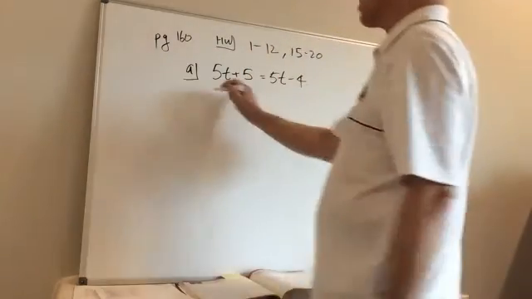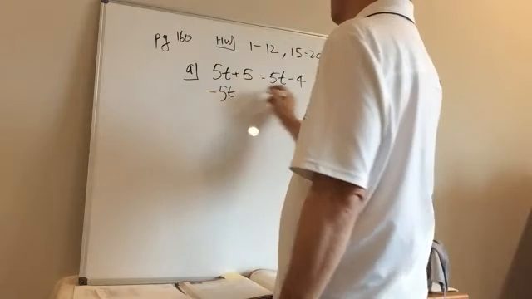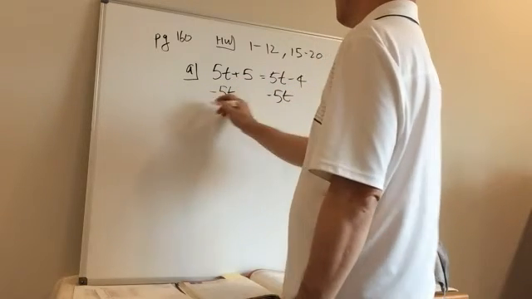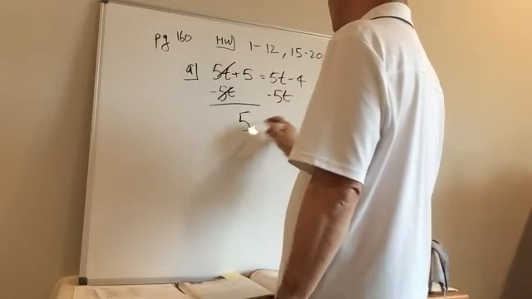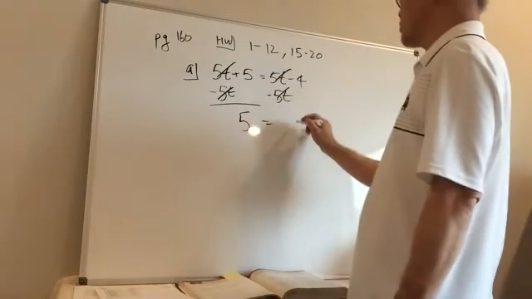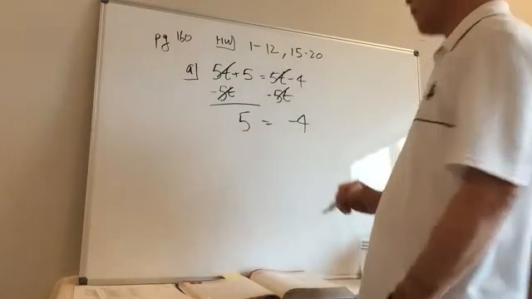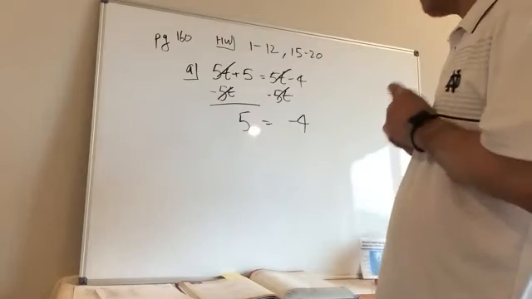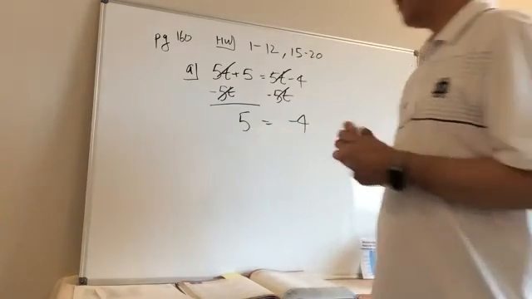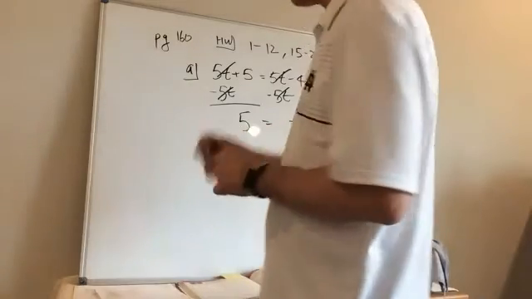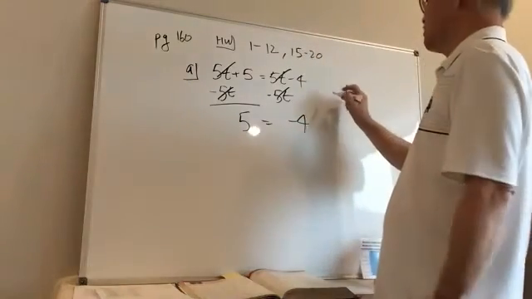So I'm going to subtract 5t from both sides. If I do that, I guess this and this goes away. I have 5. This and this goes away. I have negative 4. So when is 5 ever going to be equal to negative 4? The answer is never. This is never going to happen.